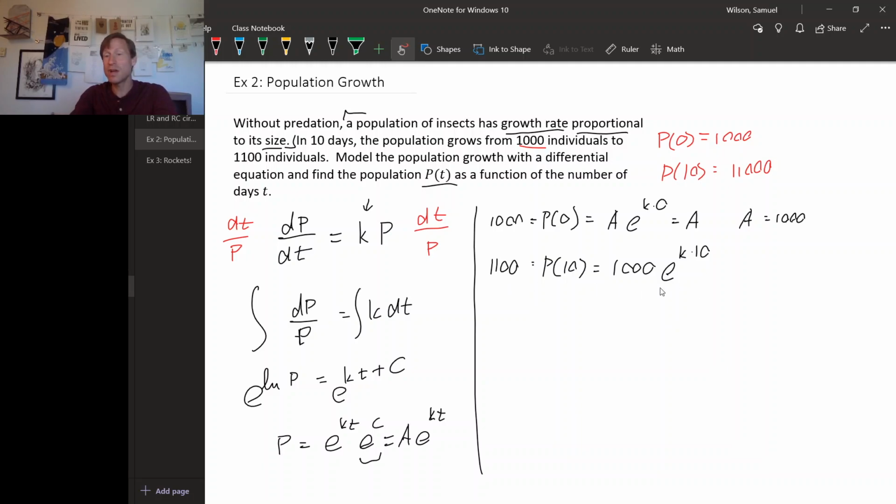Okay, now this is an equation where k is the only unknown, so we can solve for k. So divide both sides by 1,000. 1.1 is e to the 10k. And then looks like we're going to need a natural log here. So taking natural logs on both sides, I get 10k is equal to natural log of 1.1.